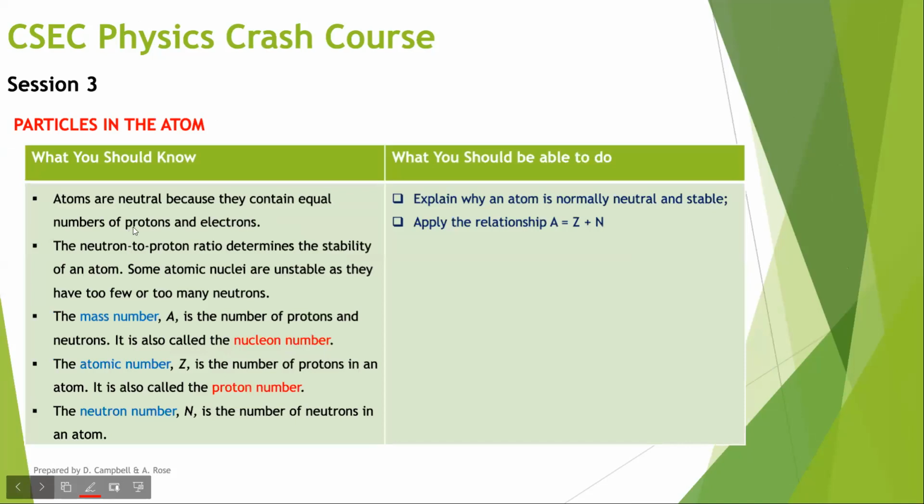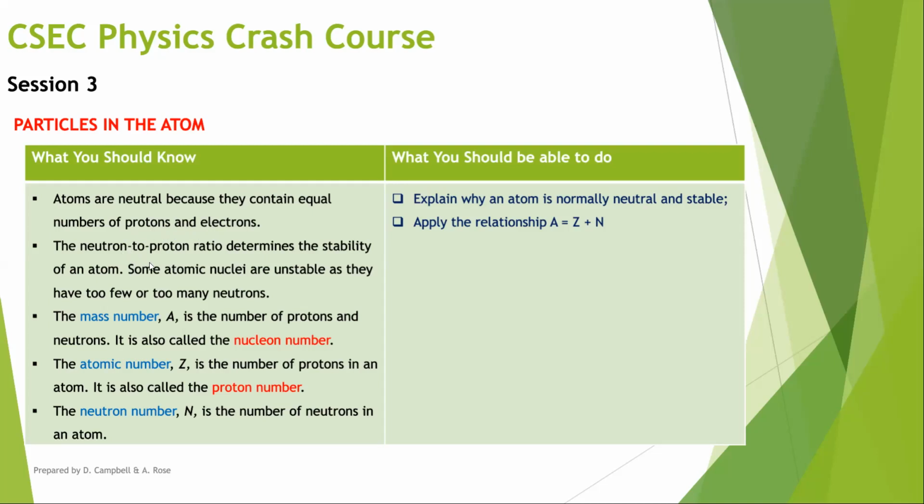You should also know that atoms are generally neutral, and this is because they contain an equal number of protons and electrons. Protons and electrons are of opposite charges in terms of sign, but because they have the same magnitude, then equal numbers will result in a cancellation of the charges. So the atom will have a net charge of 0.